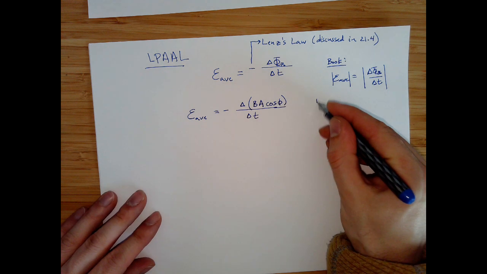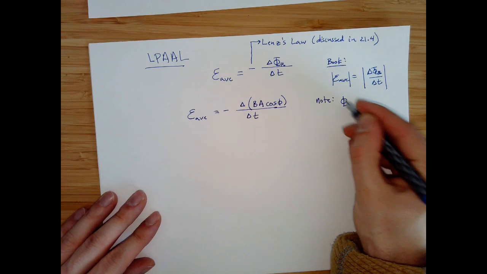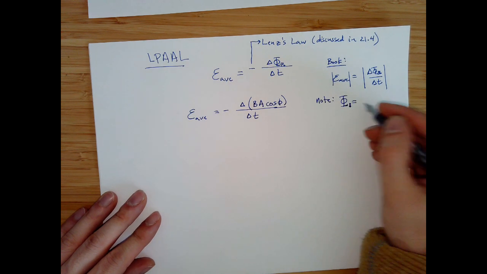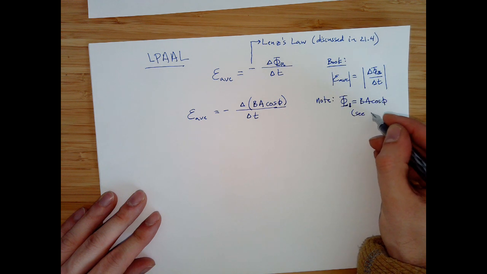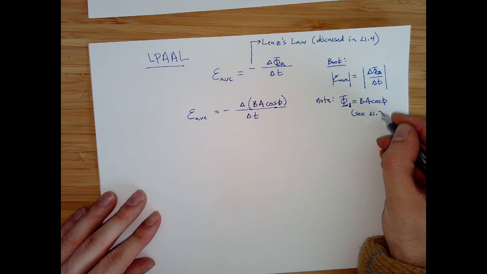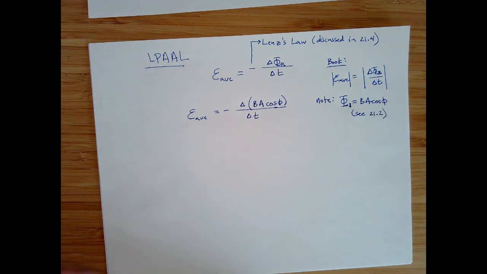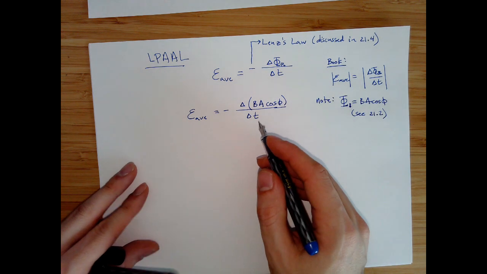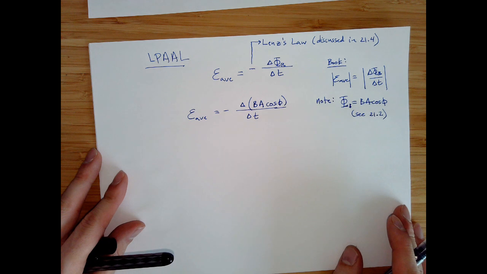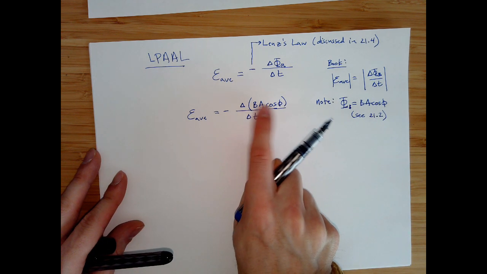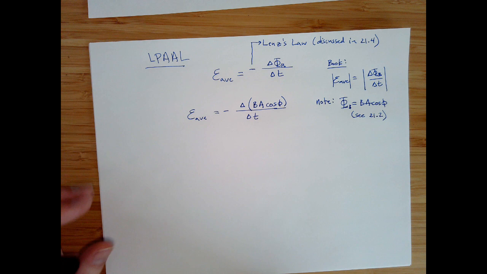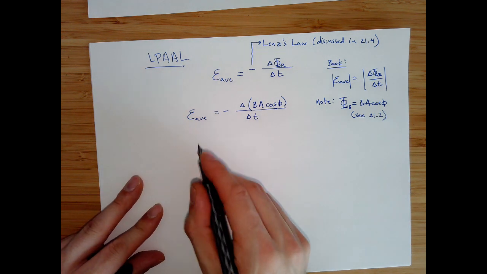We might note, of course, that came from phi b equaling that. And we could say see 21.2 if you're confused. And now part of our later thought process will be to decide which one of these factors is changing. And so this can be written several ways.